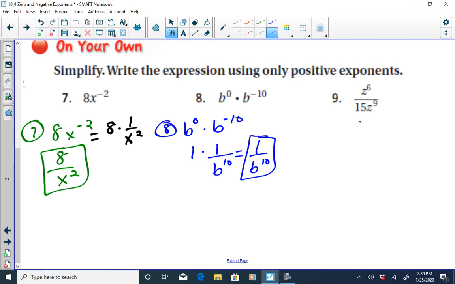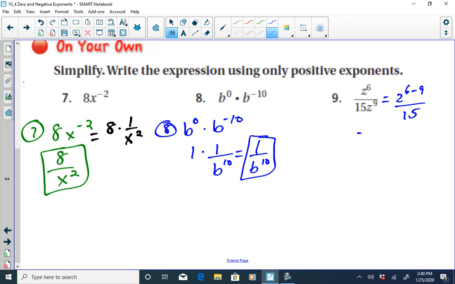And this last one, let's see, we have z to the 6 over 15z to the 9th. All right, let's simplify those z's. So we have z to the 6 minus 9, right? And that's going to be over 15. z to the 6 minus 9 is negative 3, or z to the negative 3.